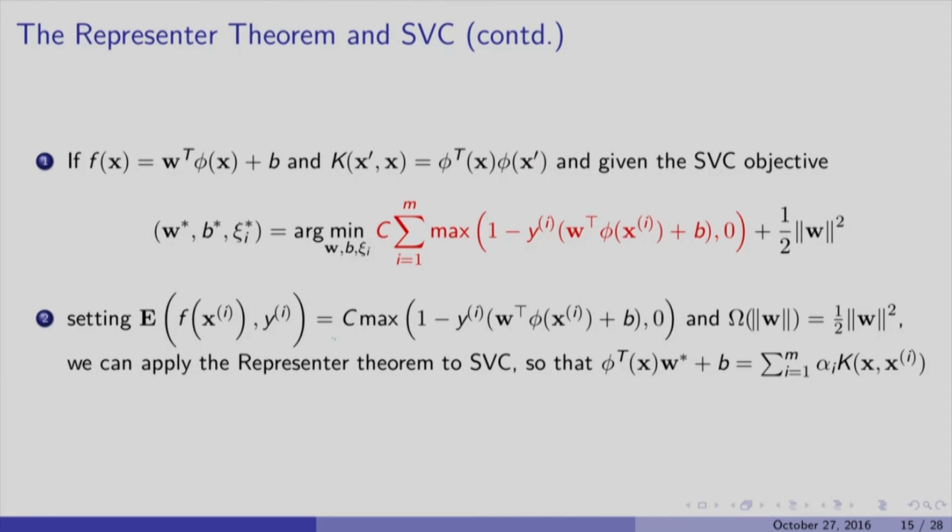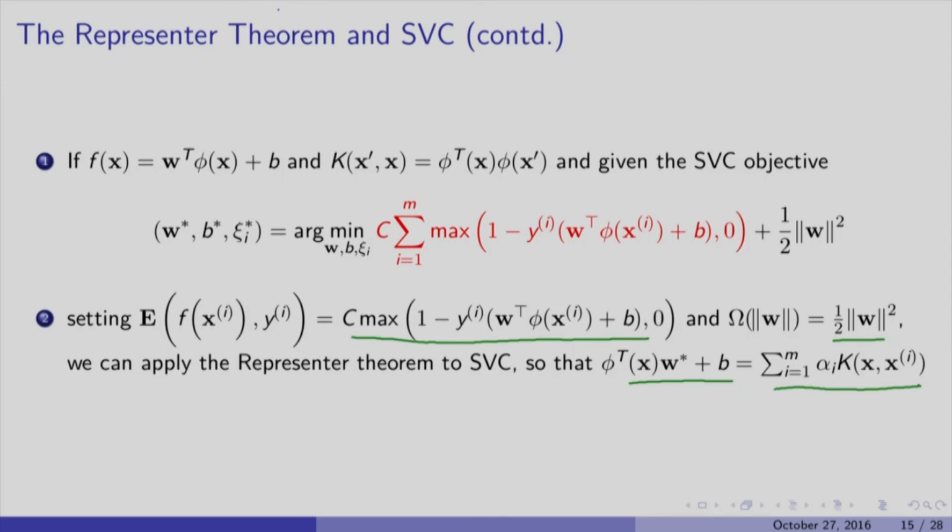So with this substitution, we will now be able to apply the representer theorem to support vector classification, so that phi(x) transpose w star plus b at the point of optimality must indeed be summation over the examples of alpha_i k(x, x_i). Now what should this kernel be like?